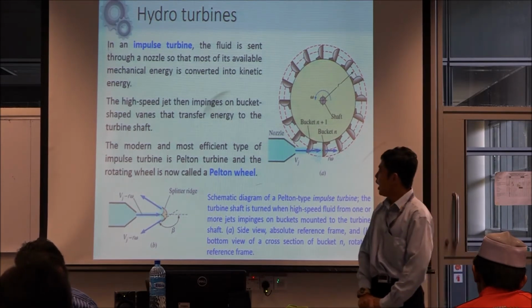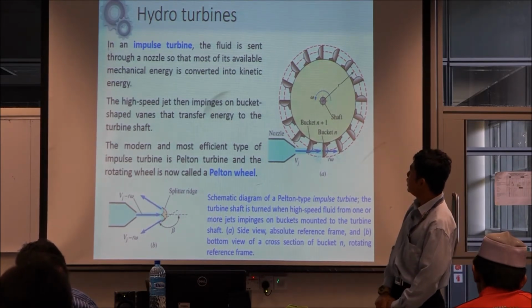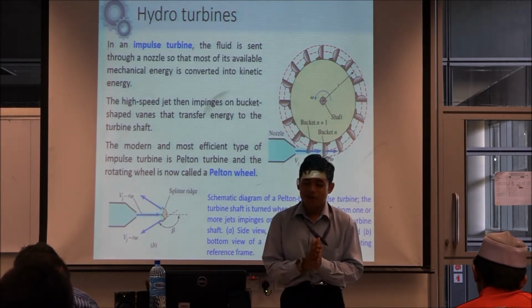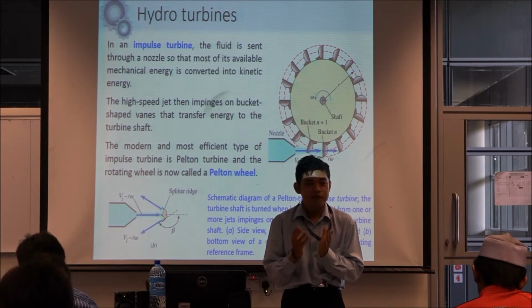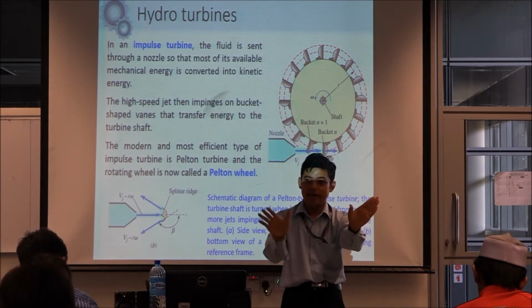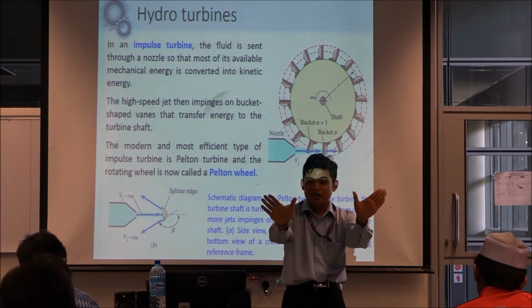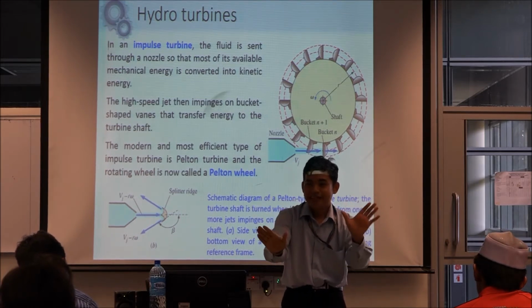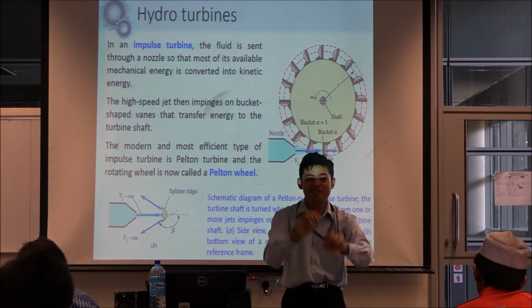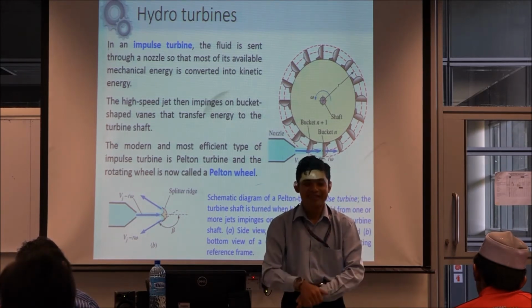If you look at the difference between reaction turbine and impulse turbine, what is the most different feature between both? You compare impulse and reaction turbine. You see there is something that is available in the impulse turbine but not available on the reaction turbine. Can you guess what that is?